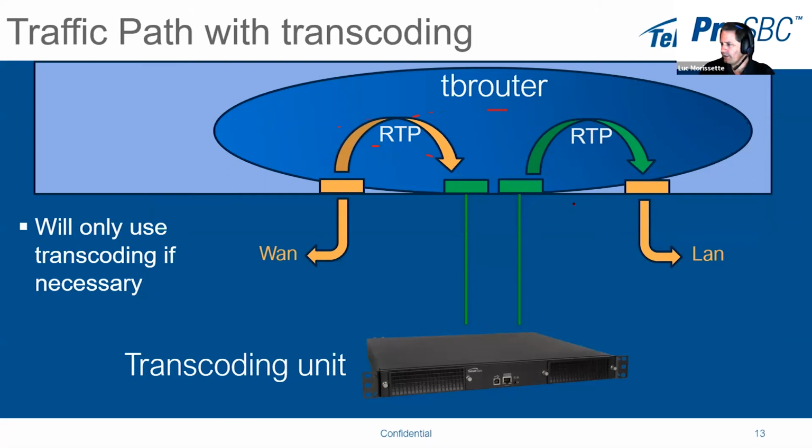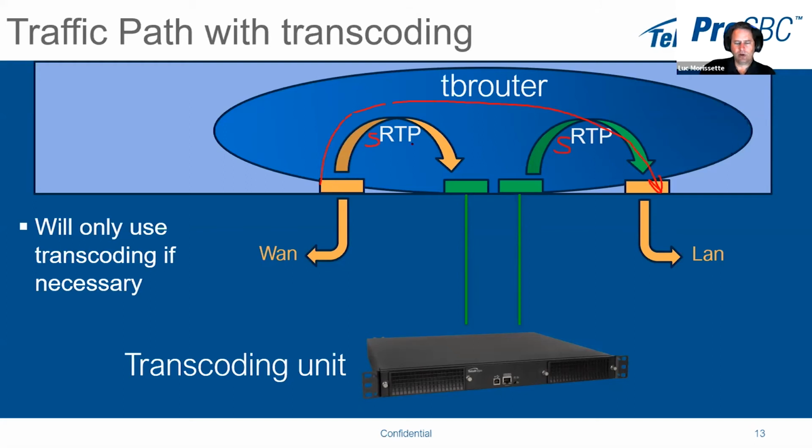Now I thought I had mentioned this here, but I don't see it. If you do SRTP to SRTP, it's going to go directly like this through TB router, and there will be no conversion necessary.